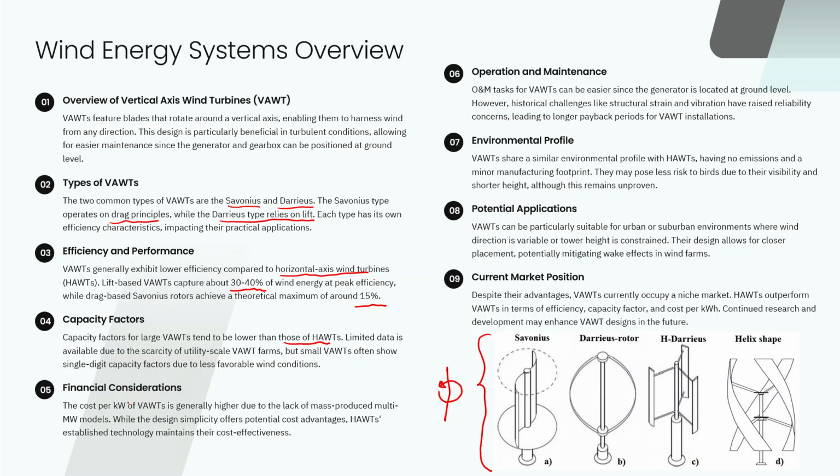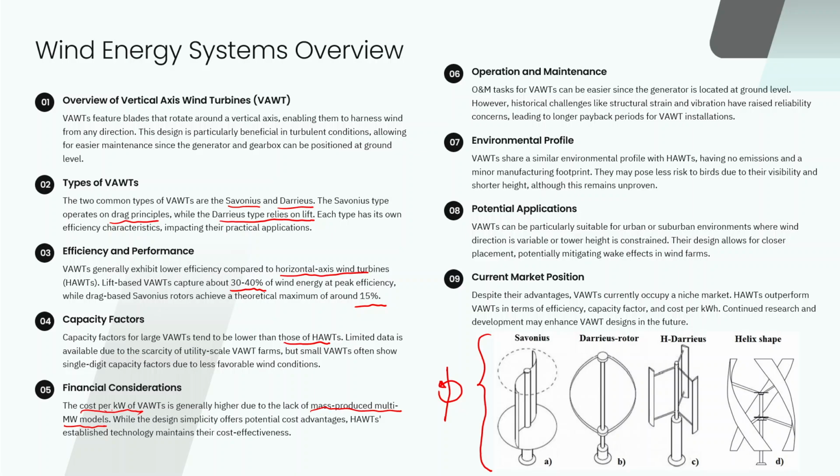If you look at the cost per kilowatt or kilowatt hour of the vertical axis wind turbine, these are generally high compared to the horizontal axis wind turbine due to the lack of mass produced multi-megawatt models. You don't have large scale models produced at mass scale, right?